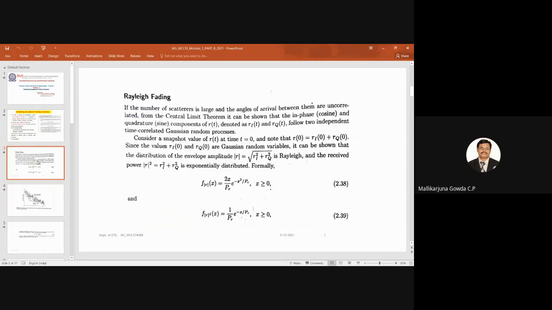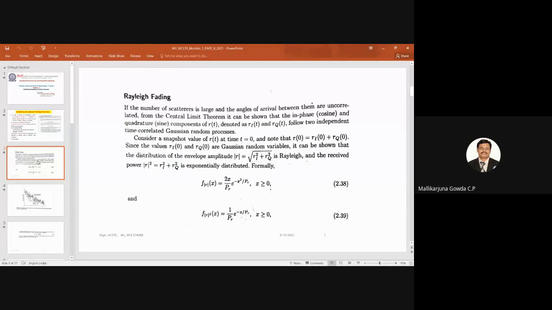Then I told about local scattering also, the concept of local scattering. I considered two multiple paths. At the receiver side, the signals are received close in time, and that is due to local scattering.